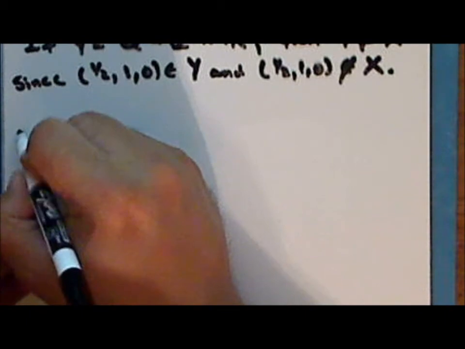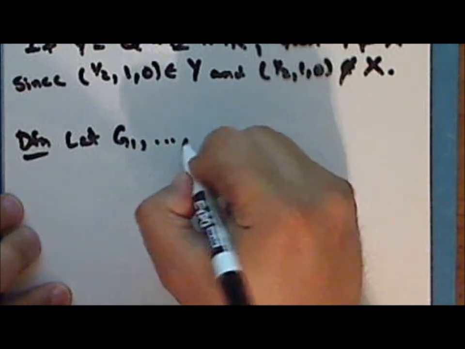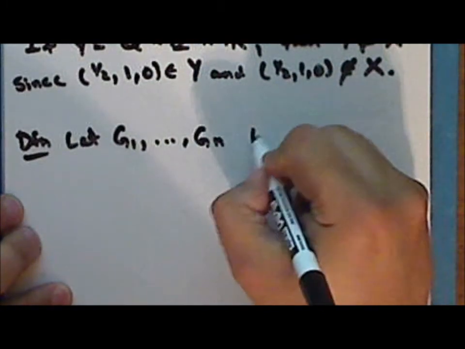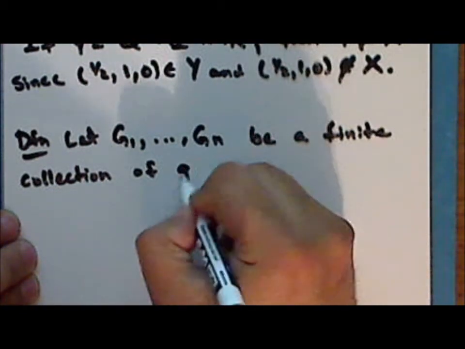Okay, so new definition. Let G sub 1 through G sub n be a finite collection of groups.